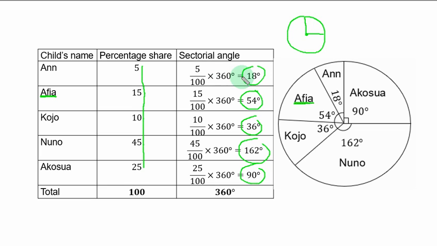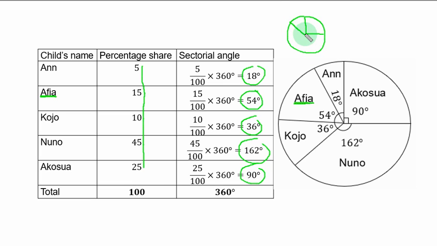Then you can follow it up with 18 degrees. You adjust the protractor again, so you put the 0 here and the center at this point, and you measure 18 degrees. You don't leave the protractor at one point, you keep on adjusting it. You rotate it round until you've measured all the angles.